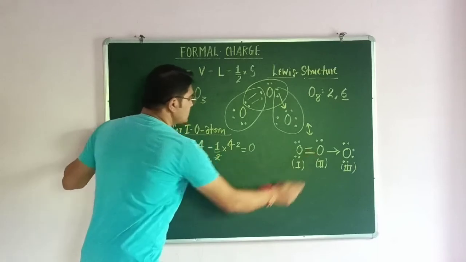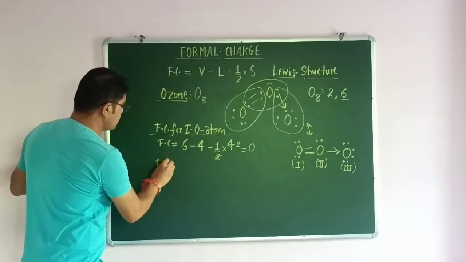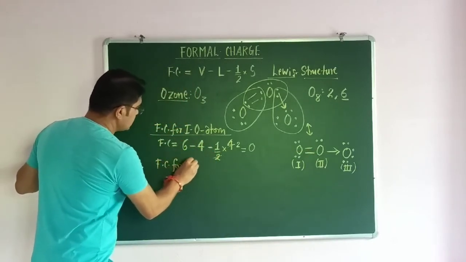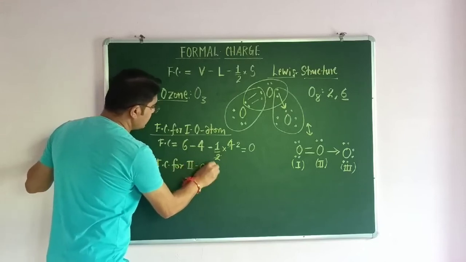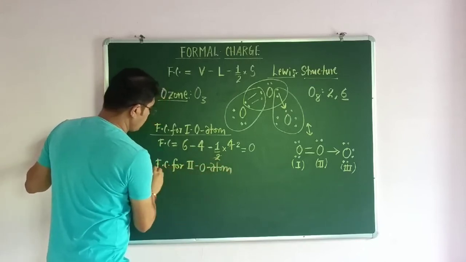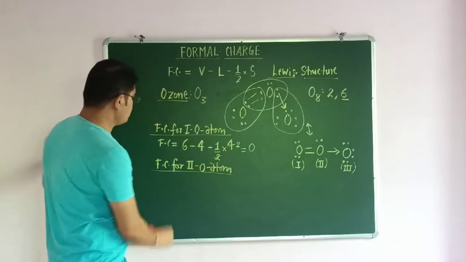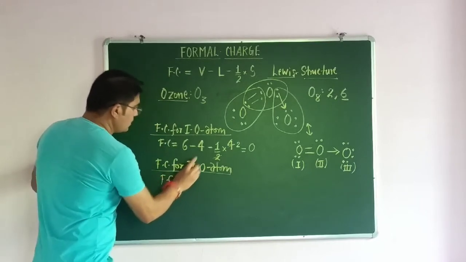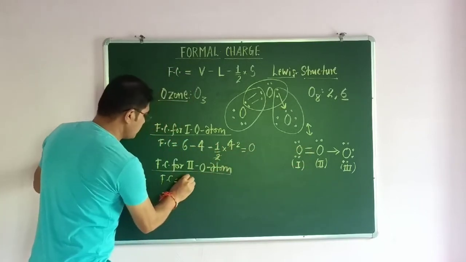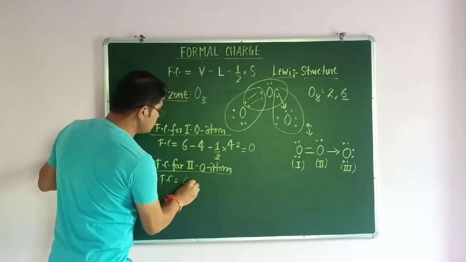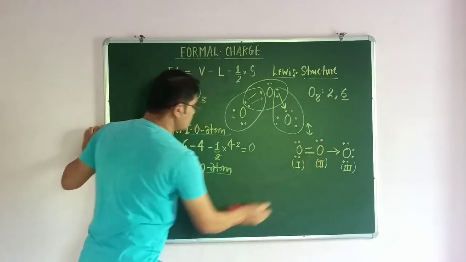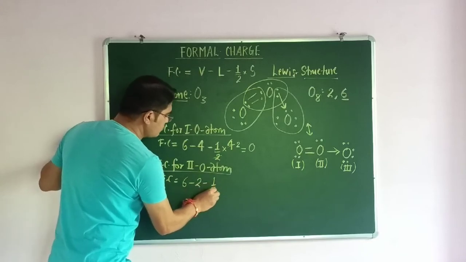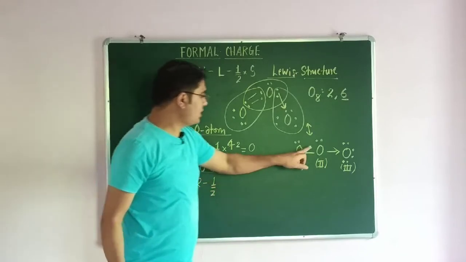For the second oxygen atom, the formal charge equals the number of valence electrons, which is again 6 because it is an oxygen atom, minus 2 because only 2 electrons are present as lone pair, minus 1 by 2 multiplied by shared.